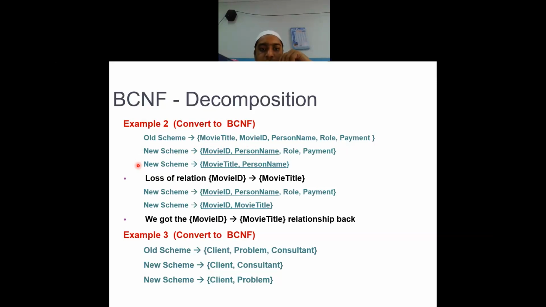Similarly, if we look back again, in the first new schema, movie ID is given, name of the person is given, role is given, and payment is given. But what is the title of this movie? Is it being mentioned? No. If I look here, the title of the movie is given, the person name is given, but what is the ID of the movie? That is missing.